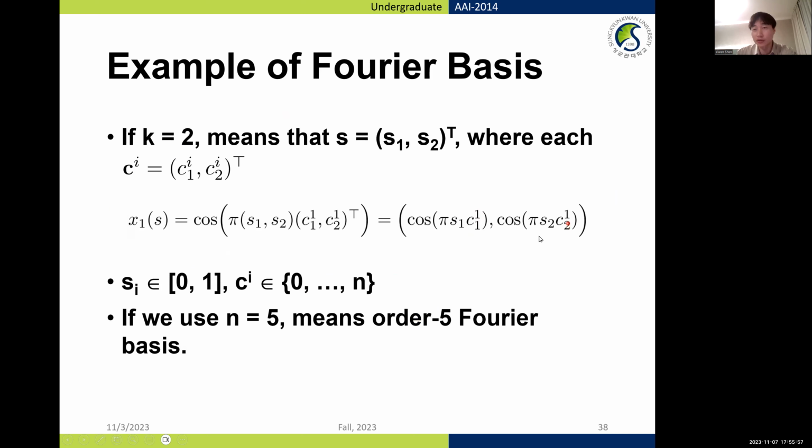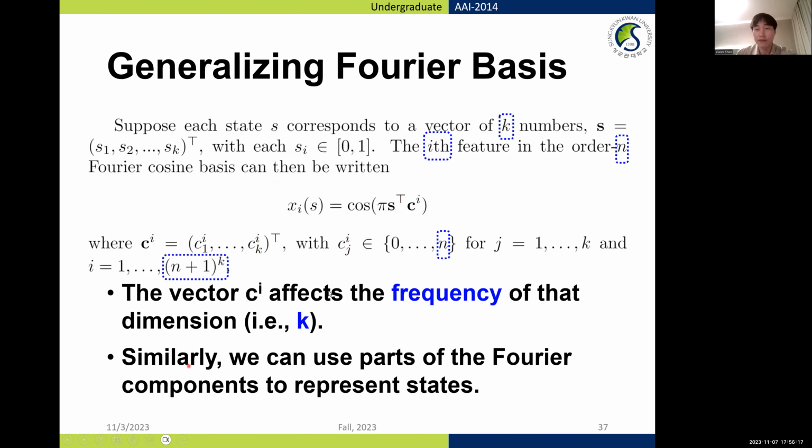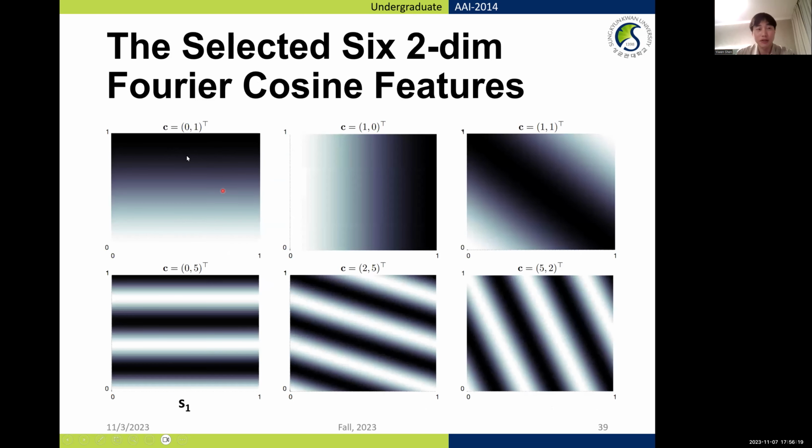If you use c_11, c_21 equal to 0, 1, because 0 means it's just 1, it will just be the basic, lower frequency cosine graph. Putting them together, you can draw this figure, where the x-axis is s_1 and the y-axis is s_2, and we have these different patterns.